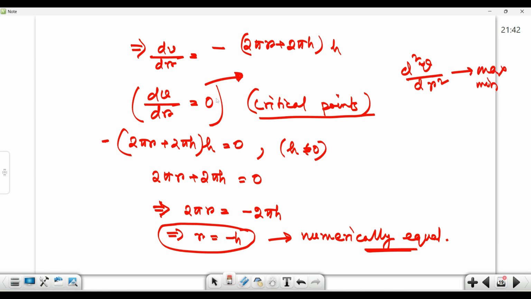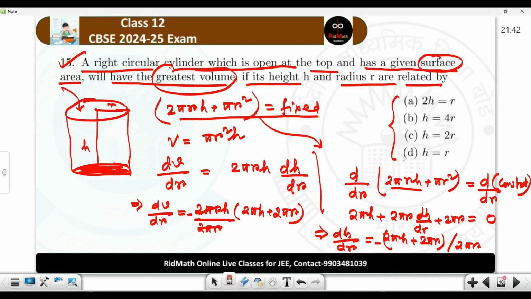Okay, so we find that dv dr equal to 0. That means this is the critical point, or this is the condition that r equal to h. This is the condition so that dv dr equal to 0, and this will be the maximum. Okay, so the condition is that h equal to r. Option D is correct. So h equal to r, the radius and the height should be the same for the greatest volume or maximum volume. Next problem.